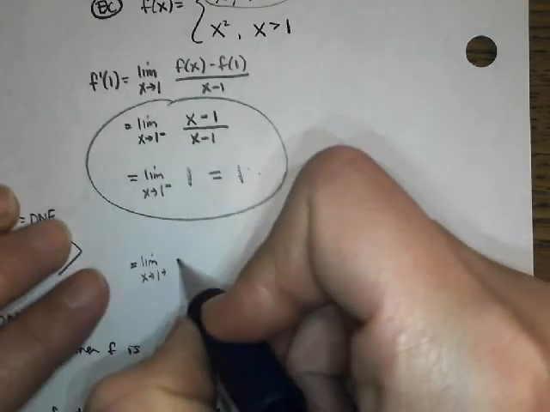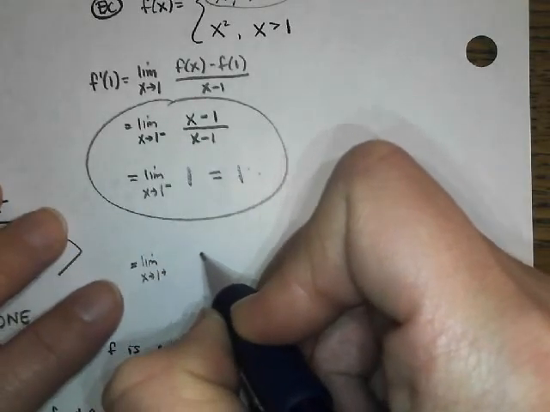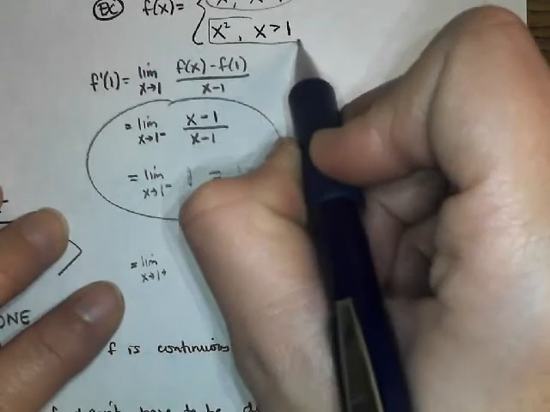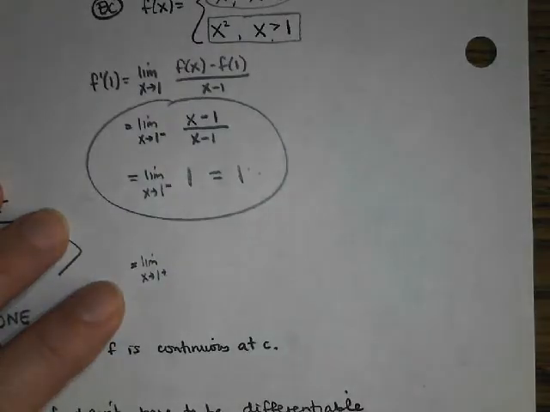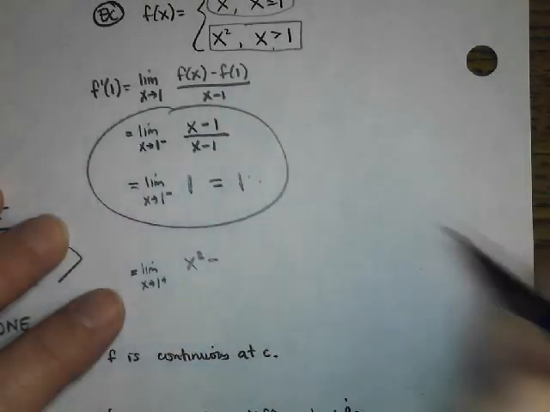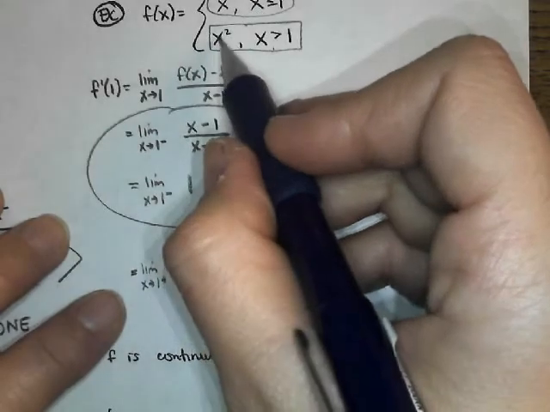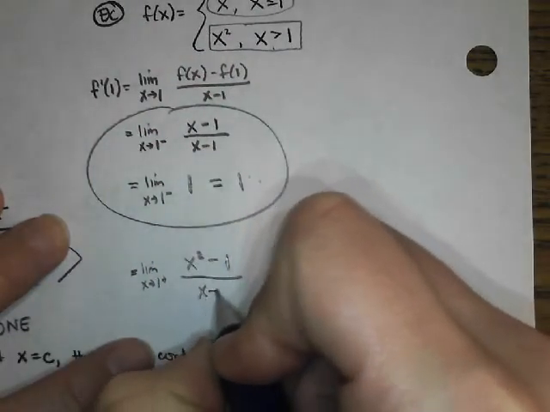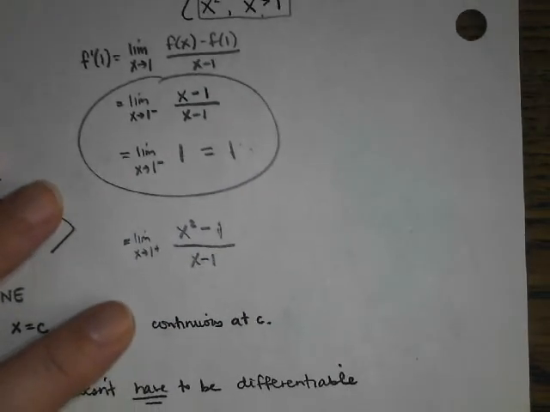So if I come from the right, I'm using piece number 2. So f of x is going to be x squared, minus f of 1, which is 1 squared, which is 1, all over x minus 1. I factor: x plus 1, x minus 1.